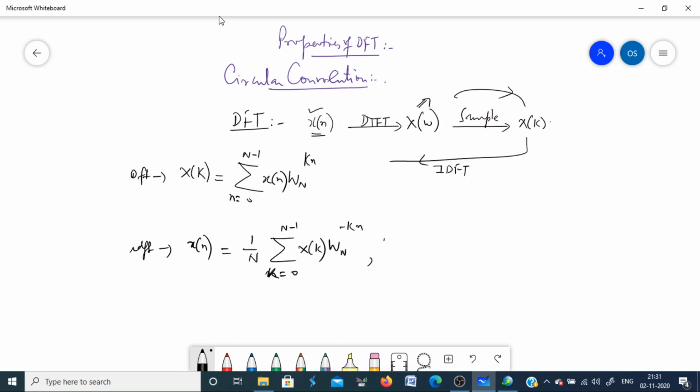And W_N is called the phase factor or twiddle factor. It is defined as e raised to power minus j 2 pi by N.